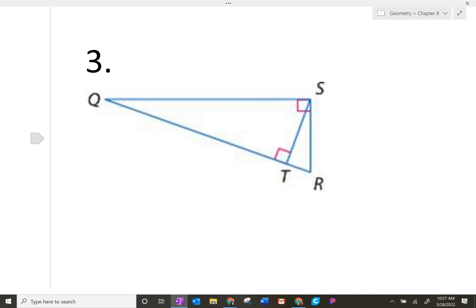Mark that little angle that shows them similar.